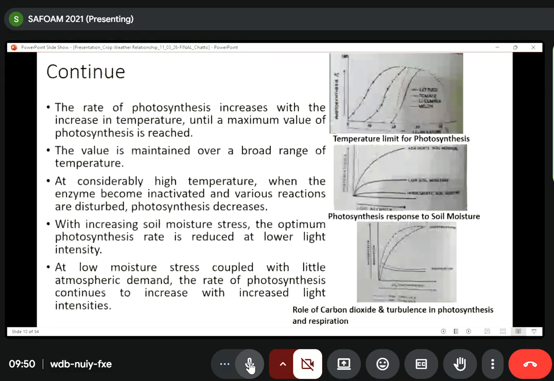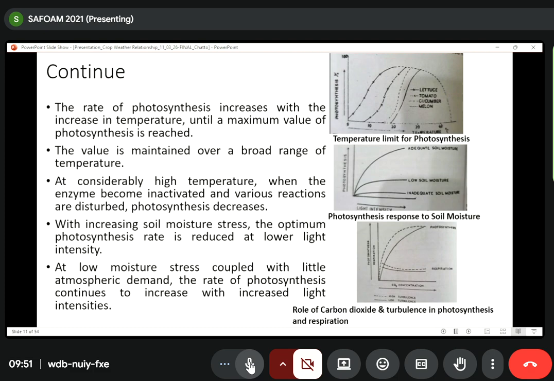Now, if you see the curve here, we showed how temperature in different crops regulates the rate of photosynthesis. Initially at low temperature, photosynthesis is not optimum. Then when you increase the temperature, photosynthesis increases. But again, at a certain point, this will flatten or may decrease also. At high temperature, when enzymes become inactivated, various reactions are disturbed and the rate decreases.